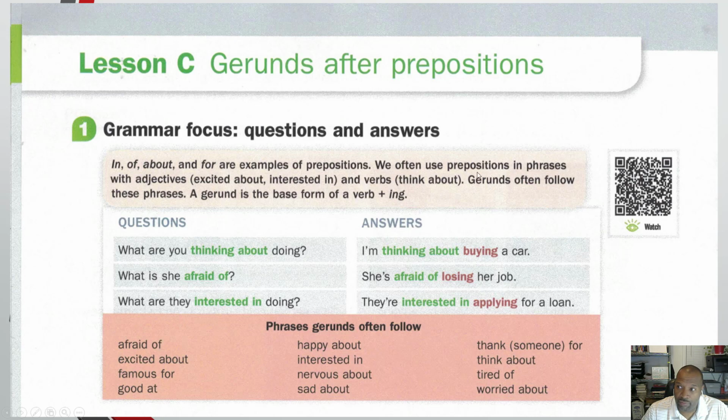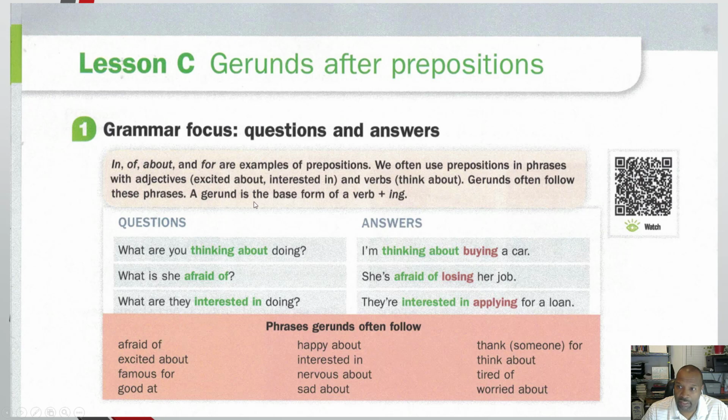We often use prepositions in phrases with adjectives. For instance, excited about, interested in. And verbs, think about. Gerunds often follow these phrases.